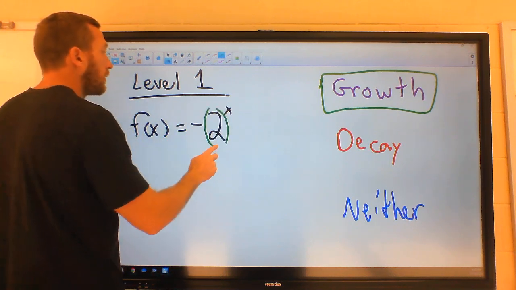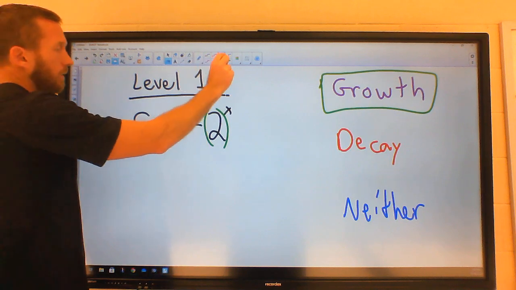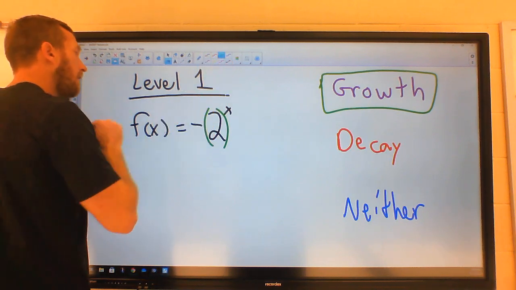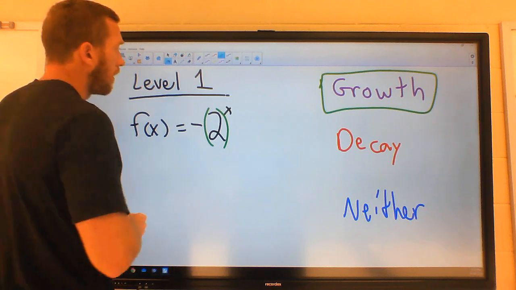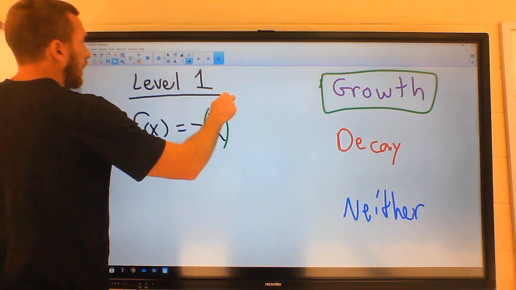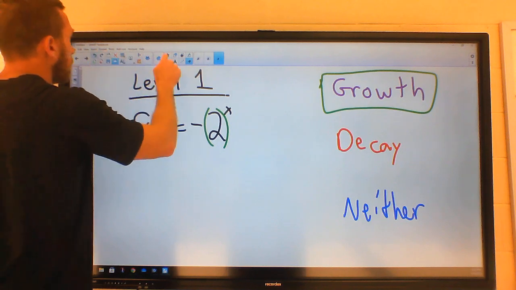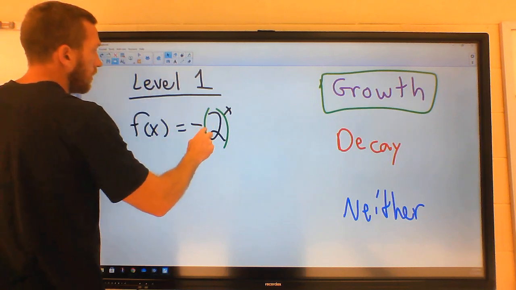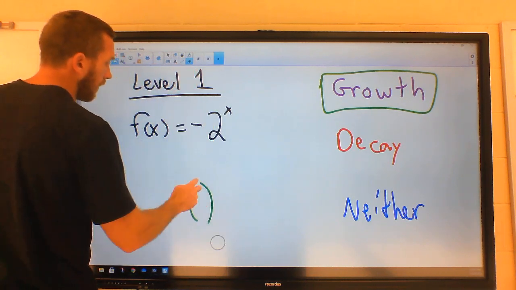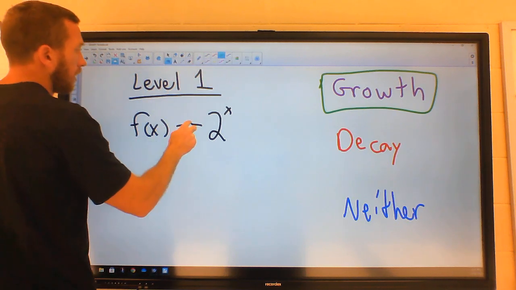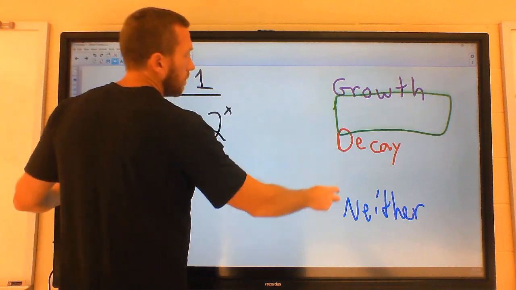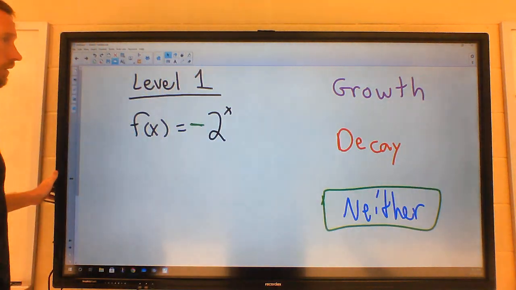It is actually treated as if the 2 is raised to the power separately, then we apply the negative afterwards, as if it was outside of parentheses. Okay, but we don't really ever draw those parentheses there. We just leave it like this. And when that's the case, this negative right here makes this a neither function.